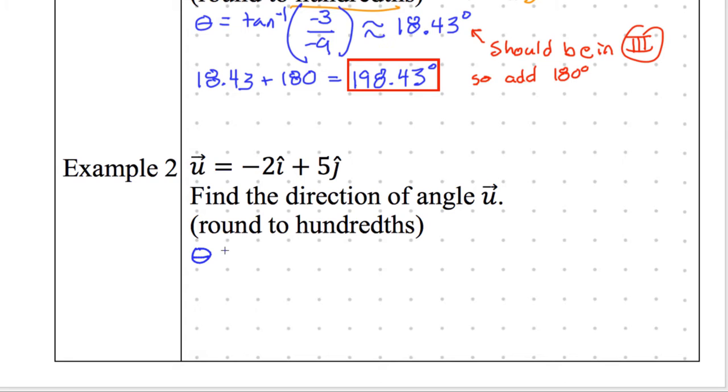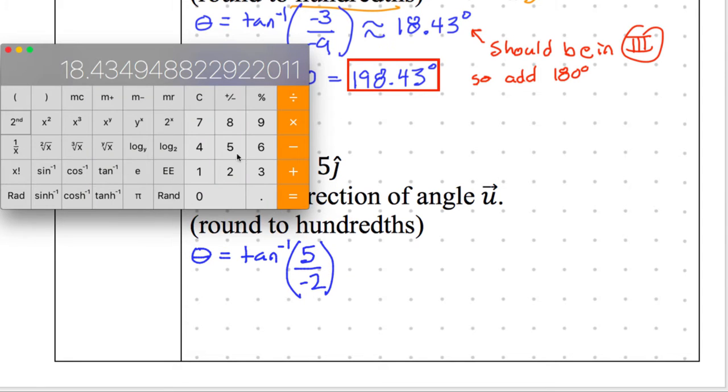Theta equals tangent inverse of 5 over -2. Okay, and then let's do that on our calculators. So I clear this, 5 divided by -2, and I get -2.5, and then I take the arctangent of that, boom, and I get that answer.